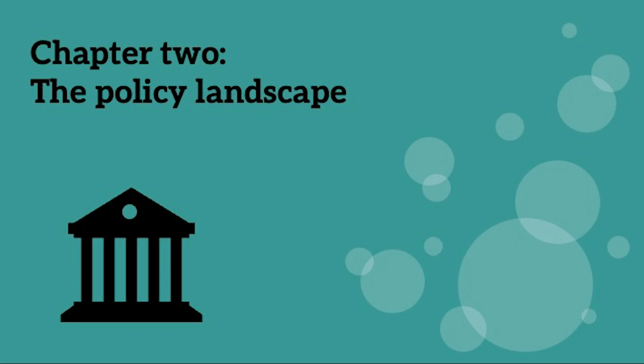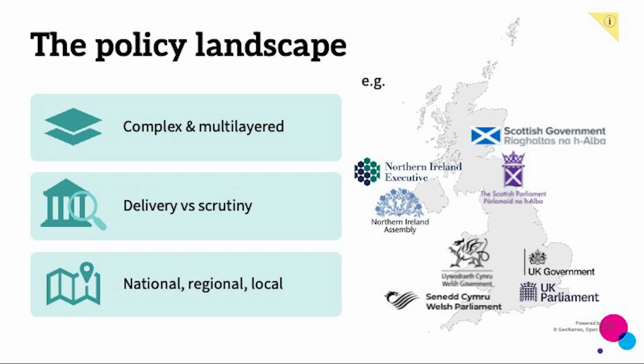So next, we're going to look at the policy landscape. The policy landscape, we'll focus on the UK, but this applies across the board, is complex and multi-layered. So for example, in the UK, there are 4 pairs of governments and parliaments. We've got the UK government and UK Parliament.